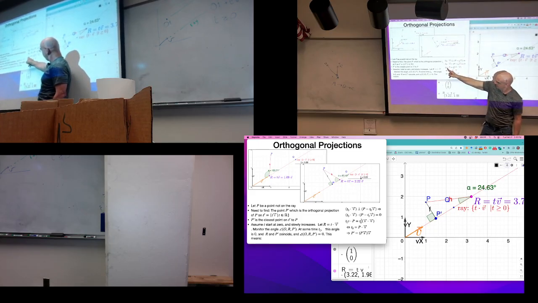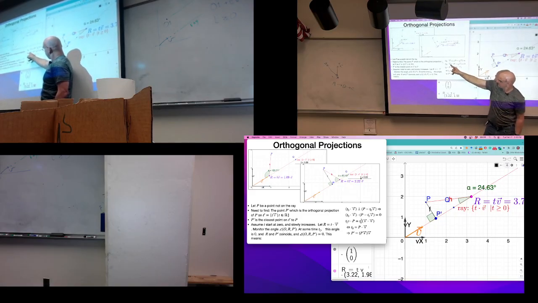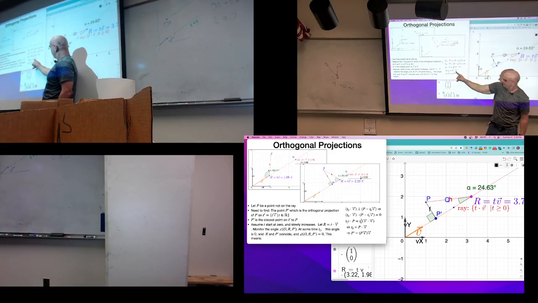t0 times v, dot product with v, should be equal to, taking this part to the other side, t0 times v times t0 times v, which is t0 squared times v times v. What is v times v? Not always, but I told you that I'll make sure that, what is v times v?